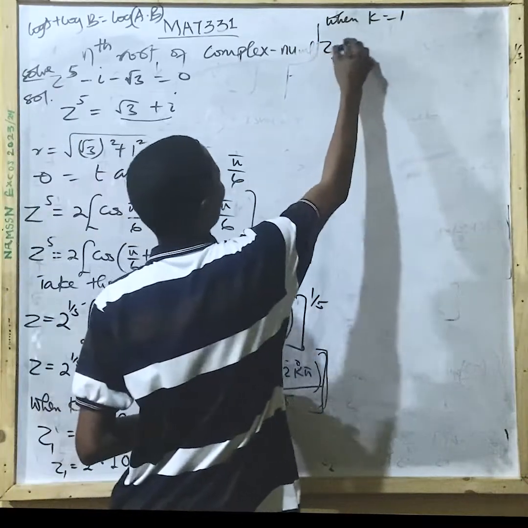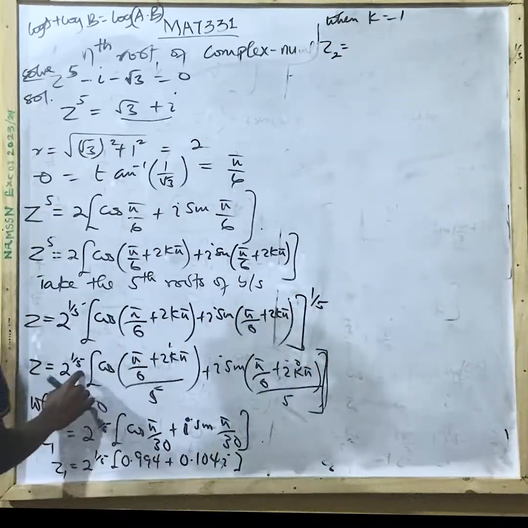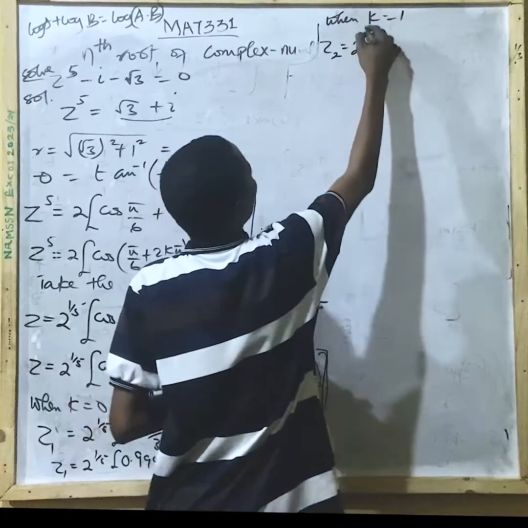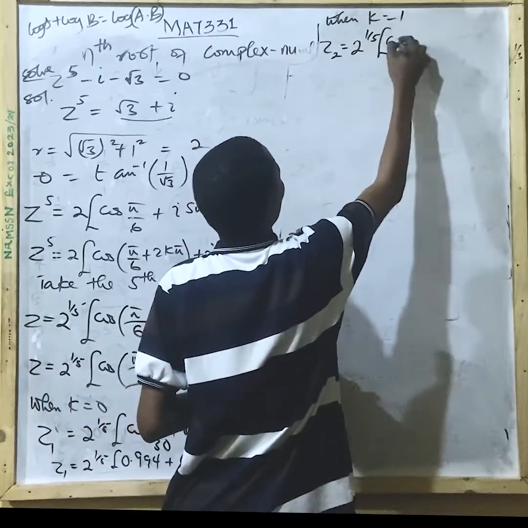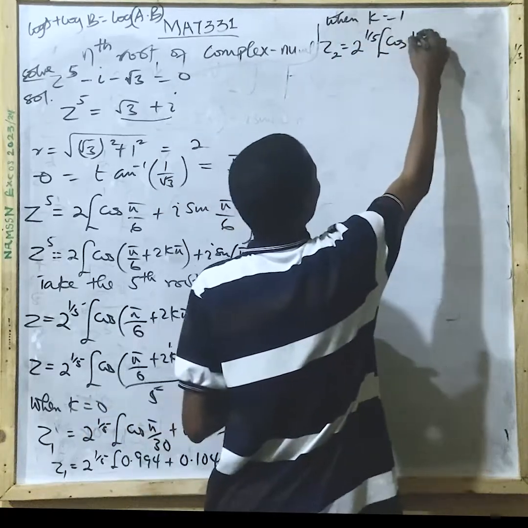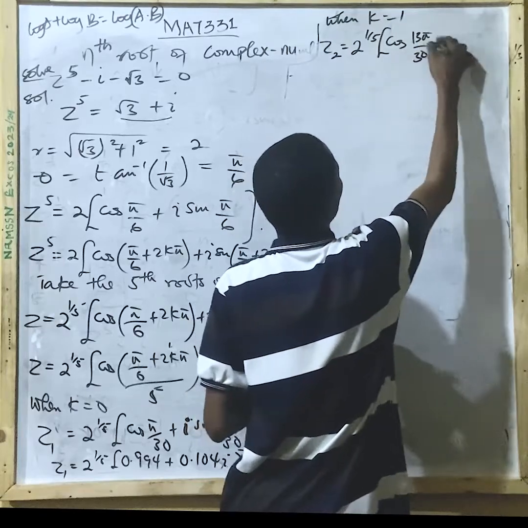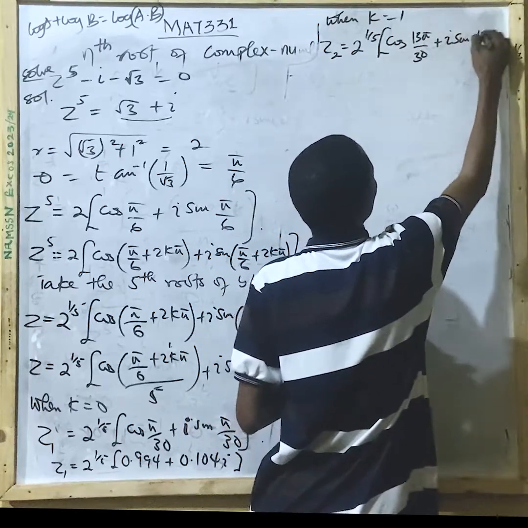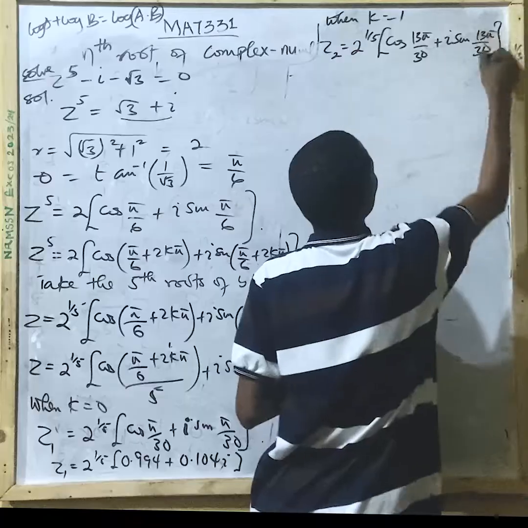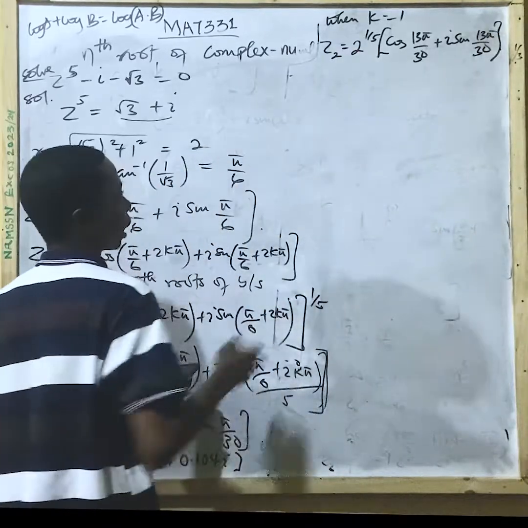So our z2, don't forget the 2 raised to power 1 over 5 will be added to it, is 2 to the 1 over 5 into bracket cos 13 pi over 30 plus I sine 13 pi over 30. So what is cos 13 pi over 30?